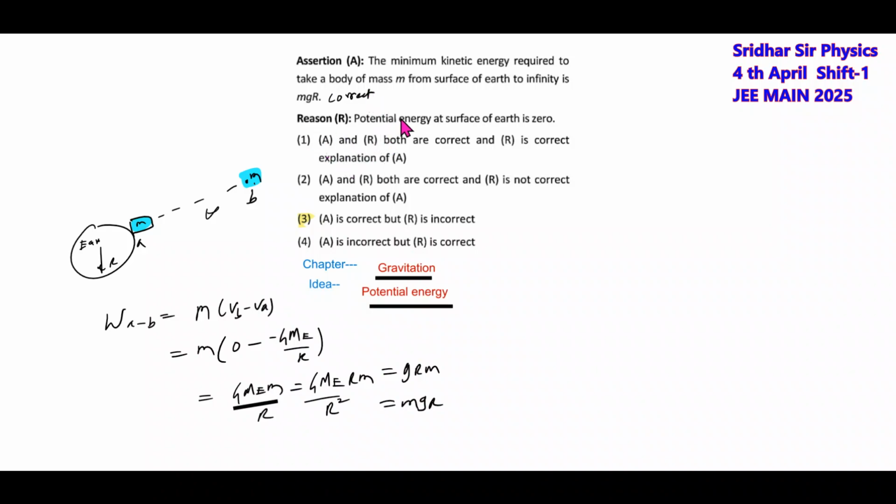What about the reason? Potential at the surface of earth is 0. Need not, no? We are assuming it should be 0, not a condition. It is telling "may", okay, fine. If it said "may", we would have taken the reason as correct, but it is telling "is". So therefore, this is wrong.